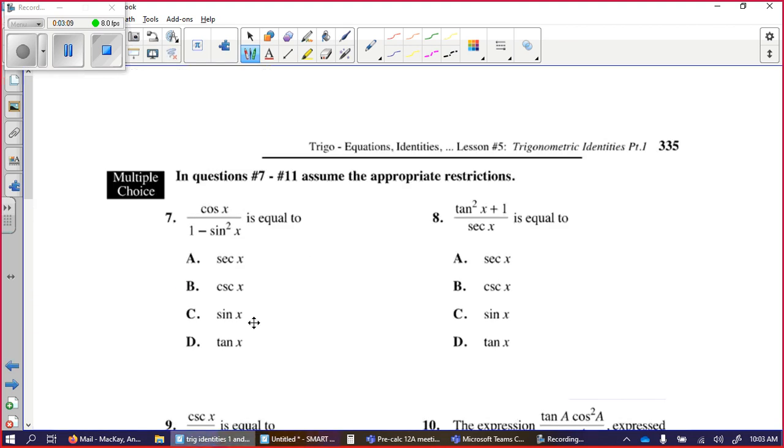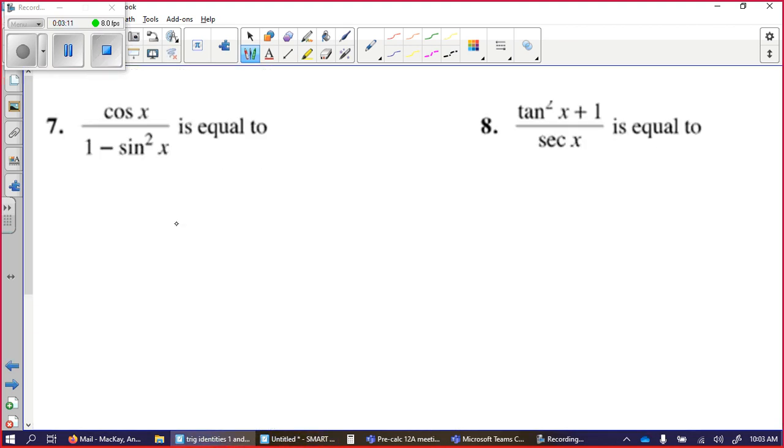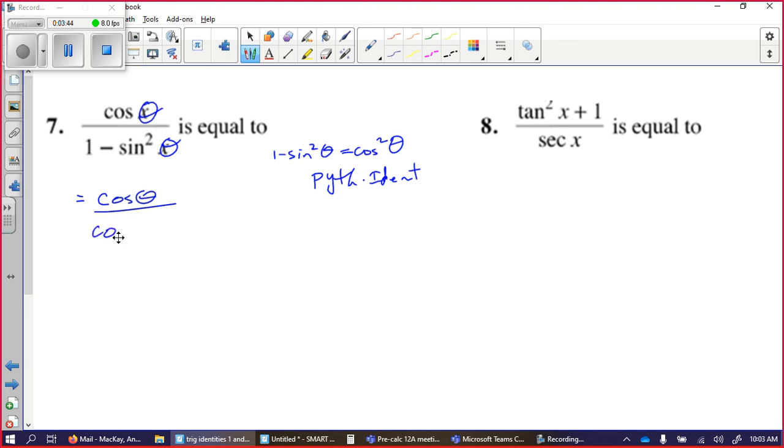I'm pretty sure that's where we want to go first with number 7: 1 minus sine squared theta, based on the identity we just looked at. I'm going to change those to thetas so we don't get mixed up. We have cos of theta over 1 minus sine squared. Because of the Pythagorean identity, this is cos squared theta.